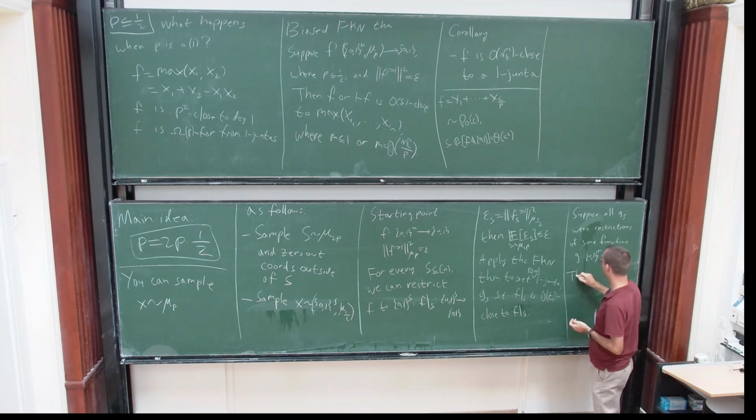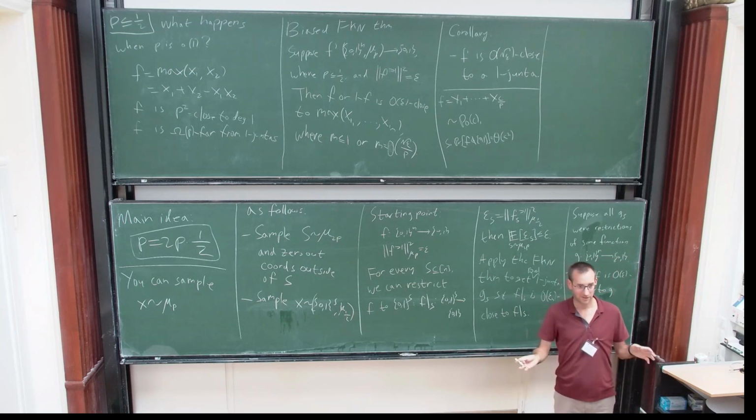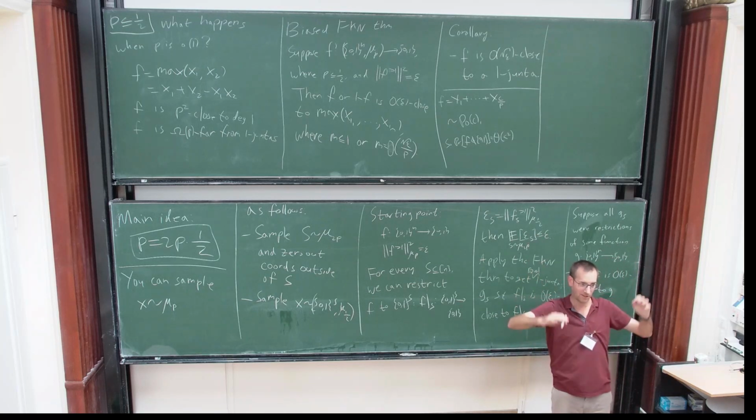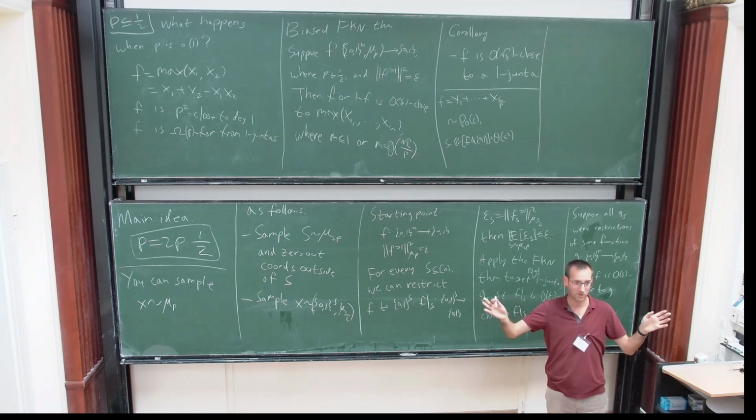Then it would follow that f is order epsilon close to g. So suppose that all of these local approximators g_S all came from the same mother function. Then this mother function will have to be close to f, which is what we wanted to show.